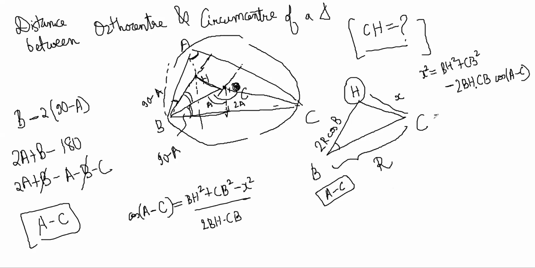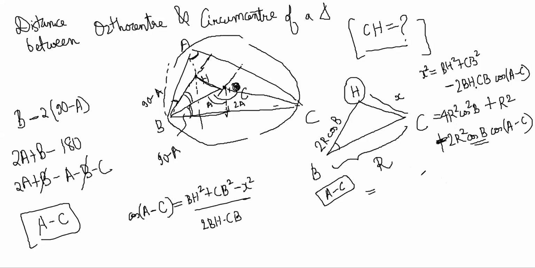BH square is 4R square cos square B plus CB square is R square minus 2 R square cos B into cos A minus C, right? So x square is equal to, this cos B is minus cos A plus C, right? So I can remove this minus, make it plus, and make it cos A plus C, right?